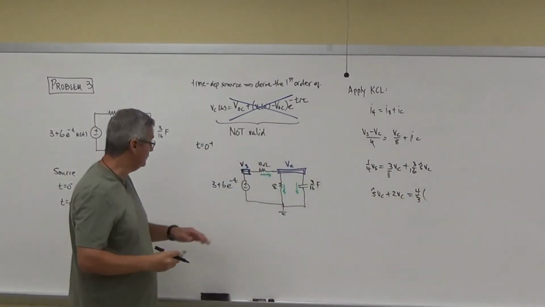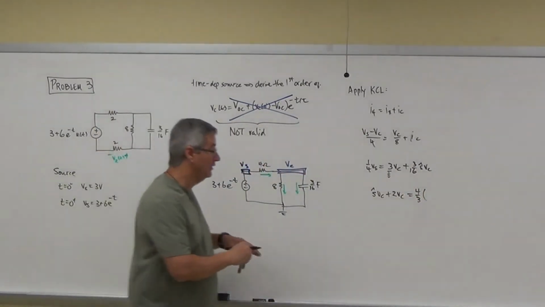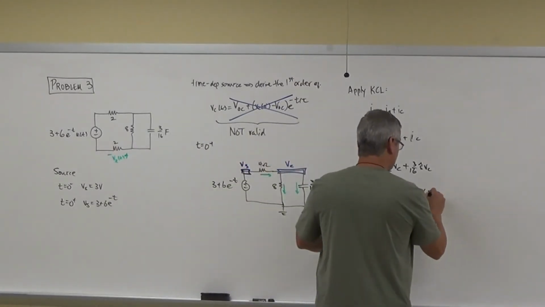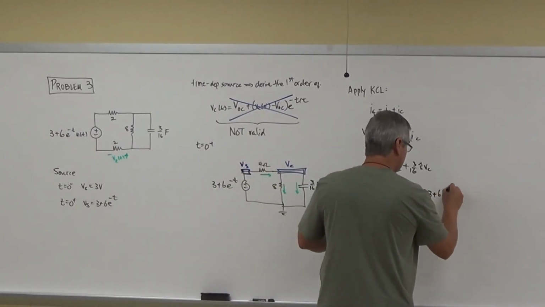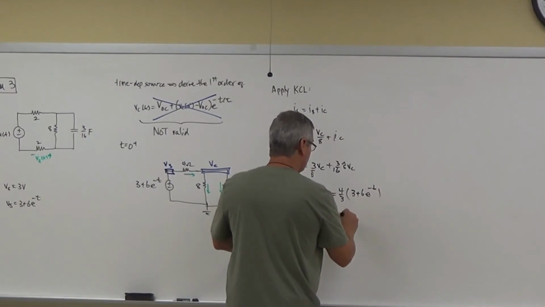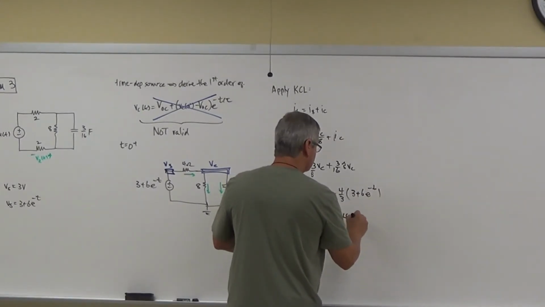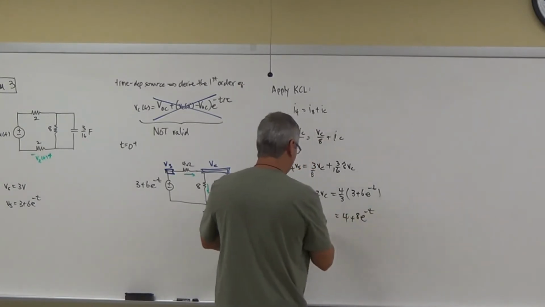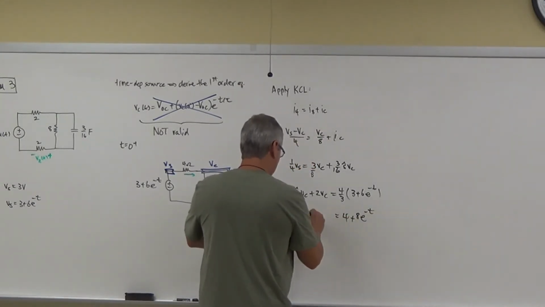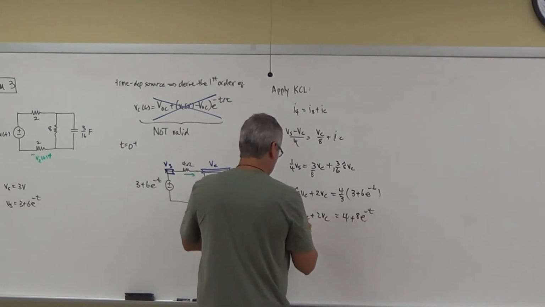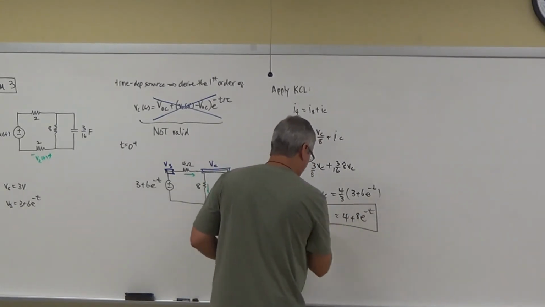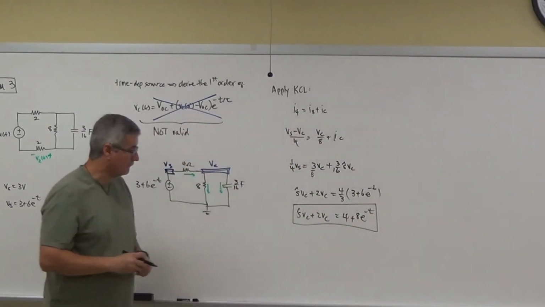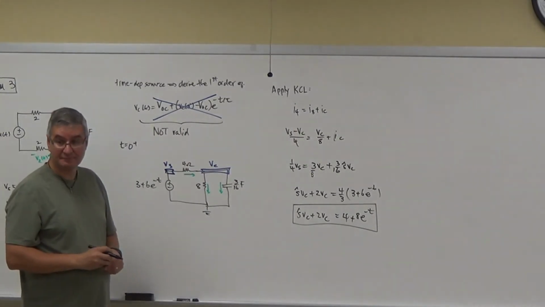So if I get 4/3, then I'm going to bring this guy in here. So then I'm going to get 3 plus 6 e to the minus t, which will give me 4 plus 8 e to the minus t. Right? I think that's clean.